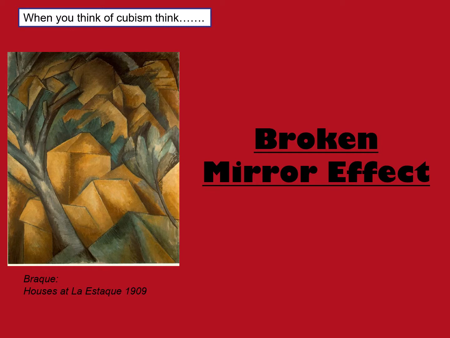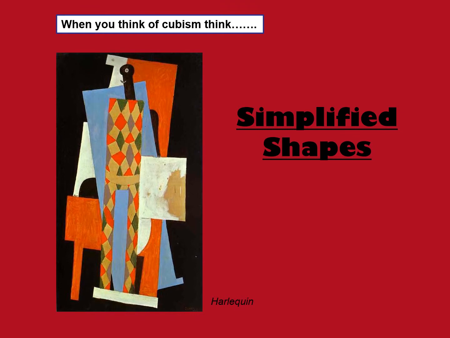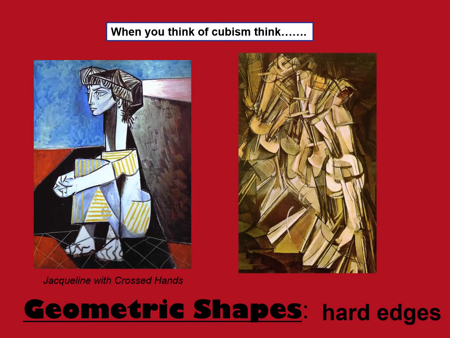When you think of cubism, you think of the broken mirror effect. When you think of cubism, you think of simplified shapes. When you think of cubism, you think of geometric shapes with hard edges.